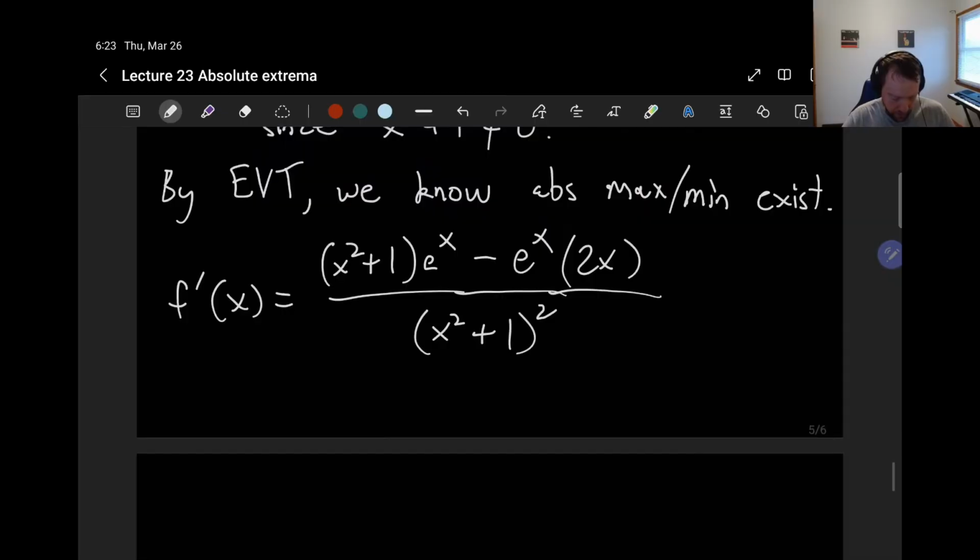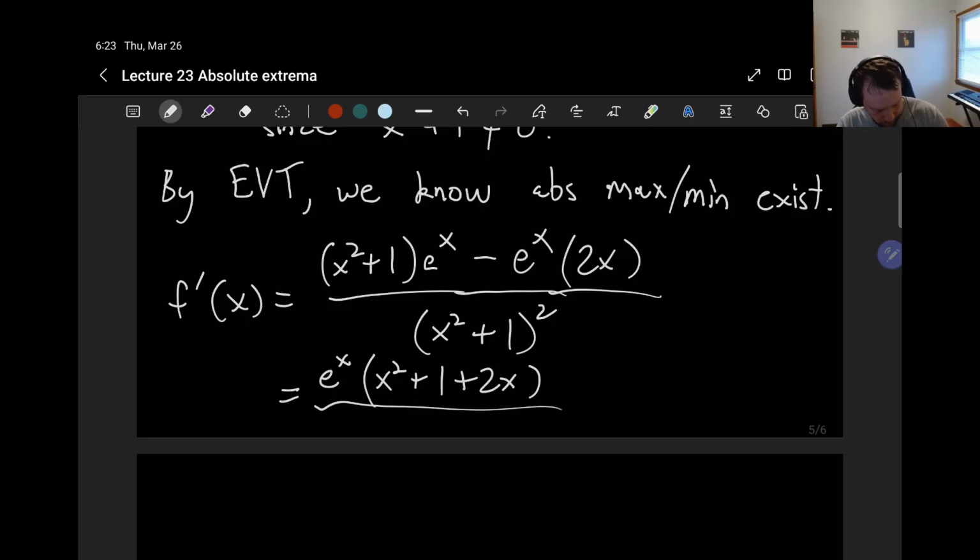And now it's helpful if we can simplify. Notice they have an e to the x factor in both terms. So I can factor it out. So I've got the x squared plus 1 plus 2x left over, over x squared plus 1 squared.